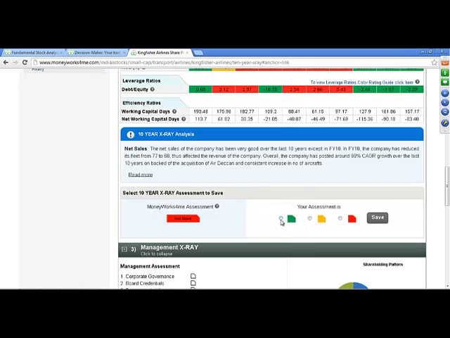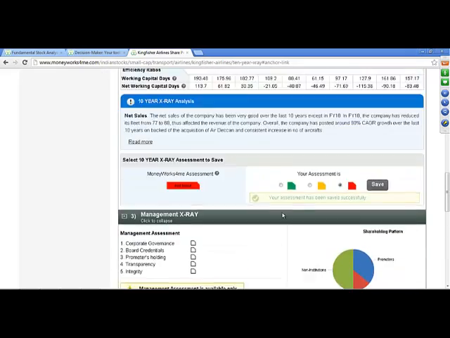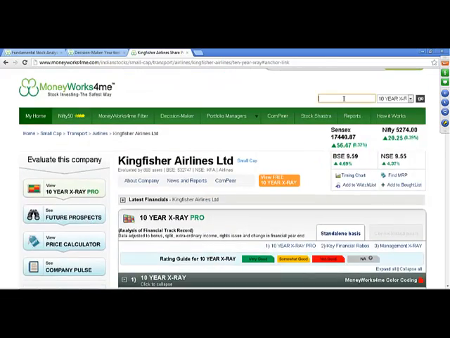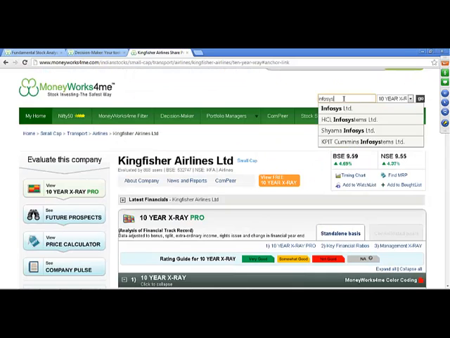If you feel that it is not right, that it is green, or orange or red, you can just click that and save it. It will automatically be saved to your watch list, so that it is available for easy reference later on. You don't need to keep coming back to the screen and checking the color coding. So I just save that. I'll go back into Infosys and show you the other features.